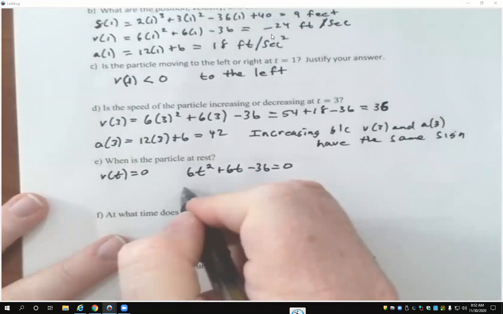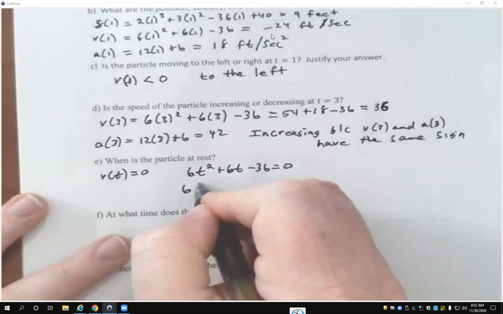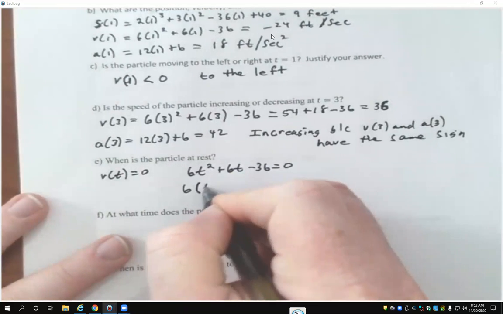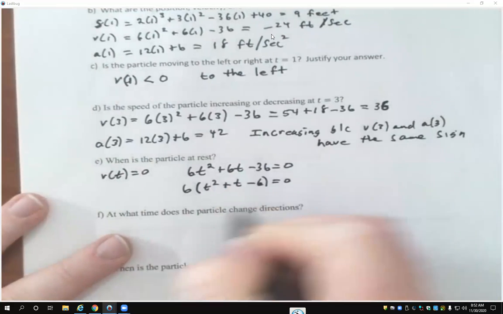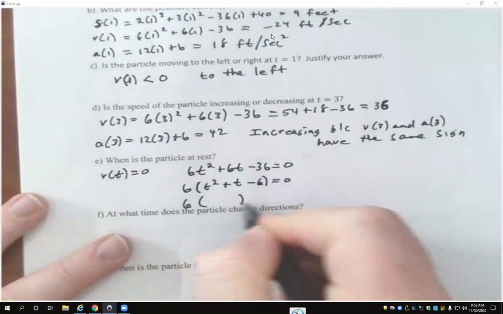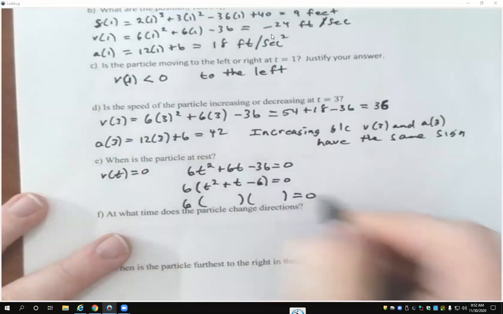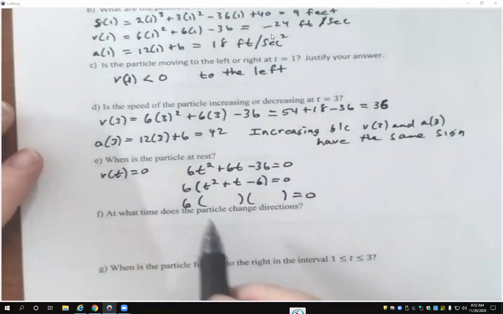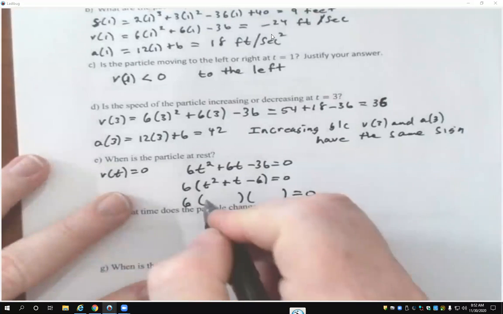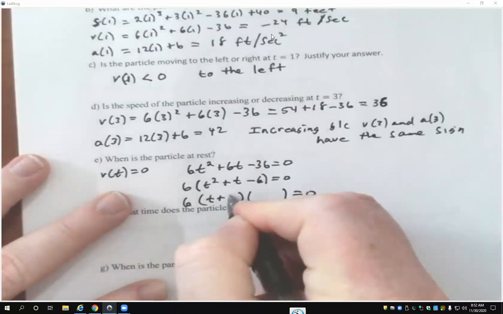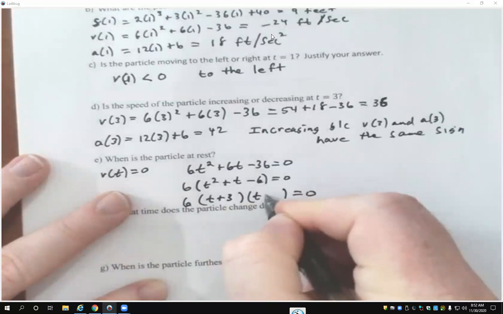All right, we can obviously factor out a 6 and get t squared plus t minus 6 equals 0, and that makes it a little easier to factor the trinomial and get our critical numbers. Okay, what multiplies to -6 and adds to 1 is going to be +3 and -2.